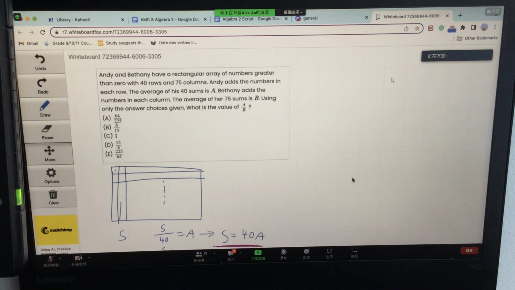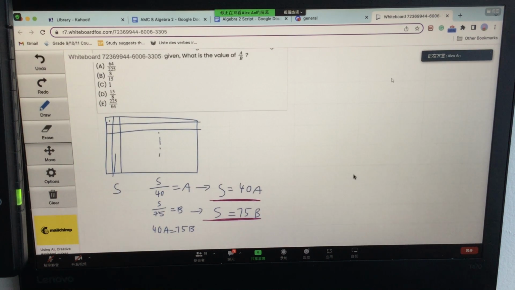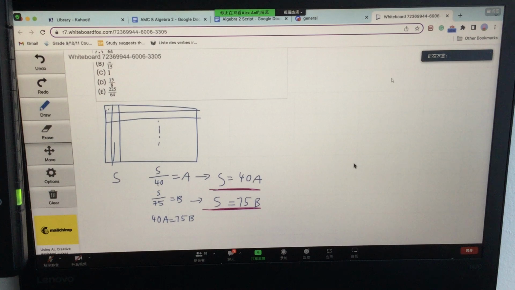Okay, so 40A equals 75B. Then we divide both sides by 40B.